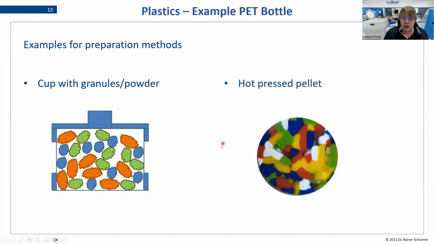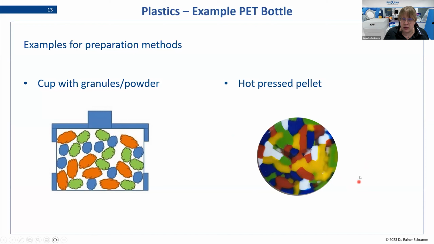Another sample preparation that can be done with thermoplastics is the hot pressed pellet. I have this example here, which is obviously not PET bottles, but just different colorful plastics that we poured together as granules and hot pressed.